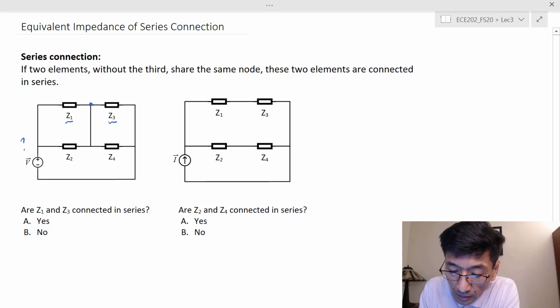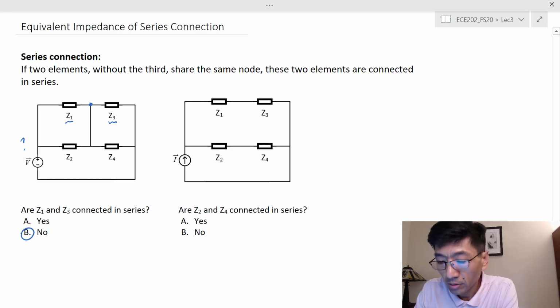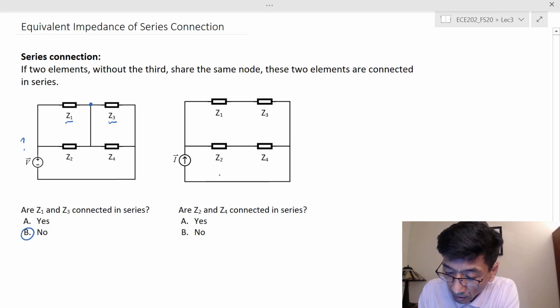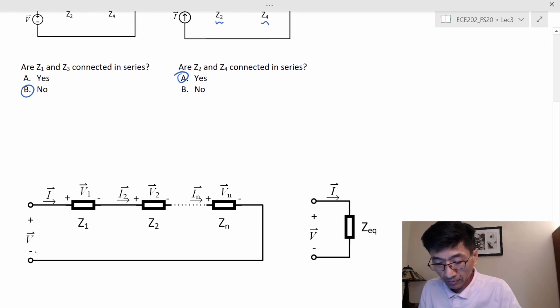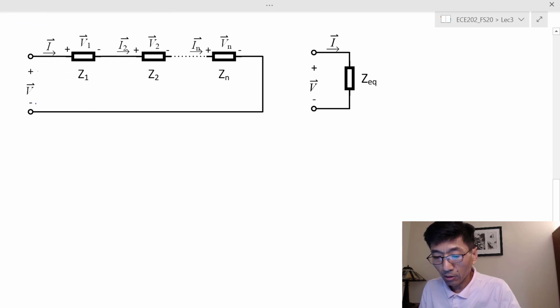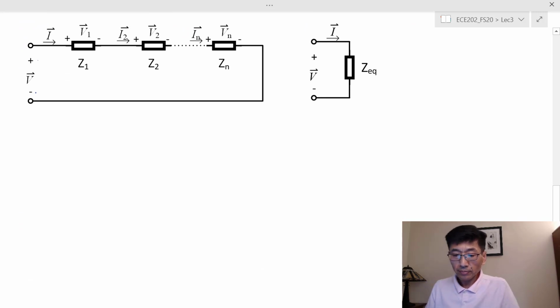But in the meantime, this node is also shared by Z sub 2 and Z sub 4, therefore they are not connected in series. Now let's look at the second one, and we're asking whether Z sub 2 and Z sub 4 are connected in series. They share the same node, and this node is not shared by any additional elements, therefore they are connected in series. Okay? Simple, right?